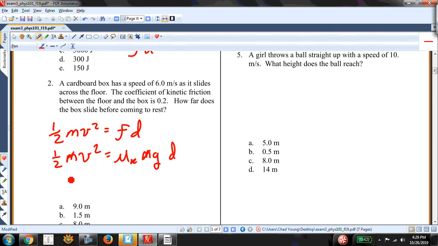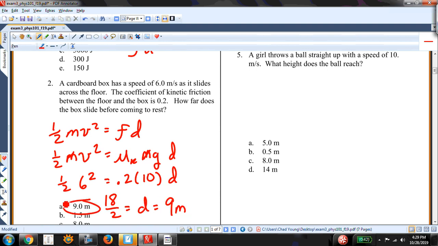And so I'm looking for d. So 1/2 of v squared equals 0.2 times 10 times d. That's 18 divided by 2 equals d. That's equal to 9 meters.